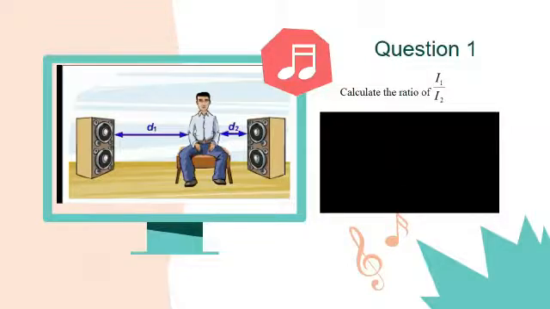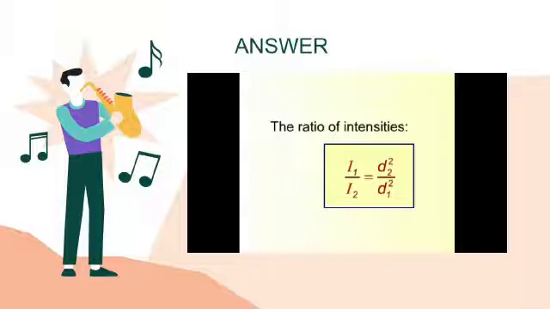Okay, time's up. The answer for this question will be explained in detail by Mr. Z. Please check together. These intensities are inversely proportional to the squares of the distances.